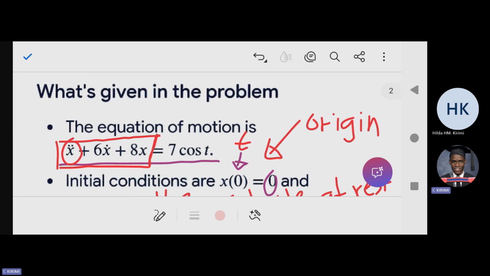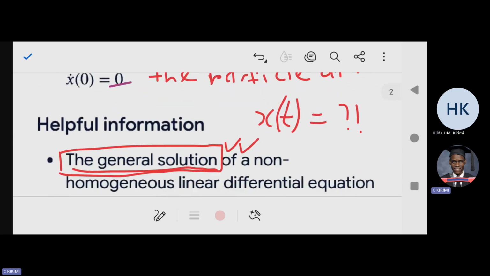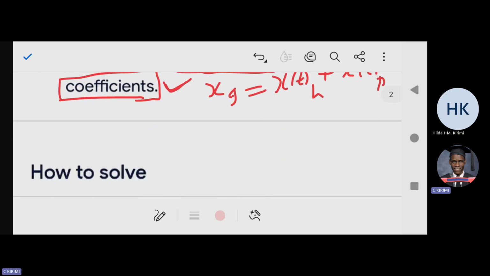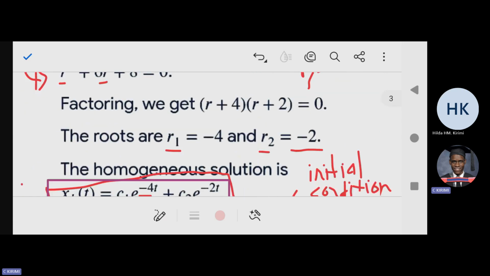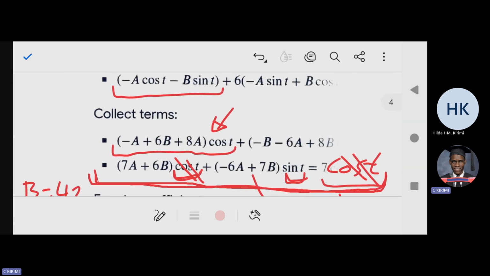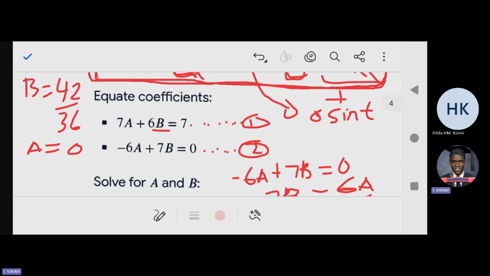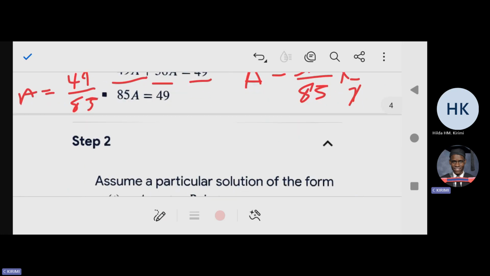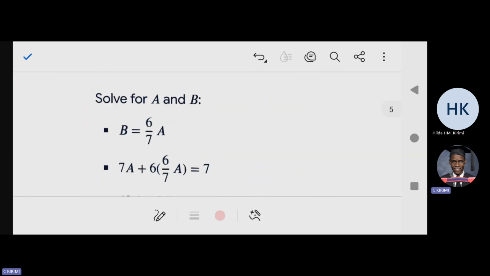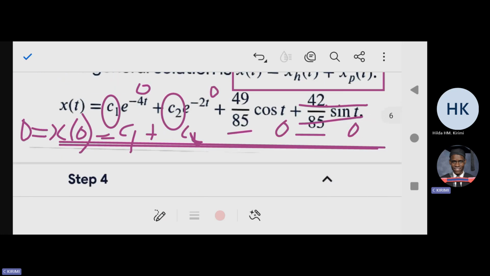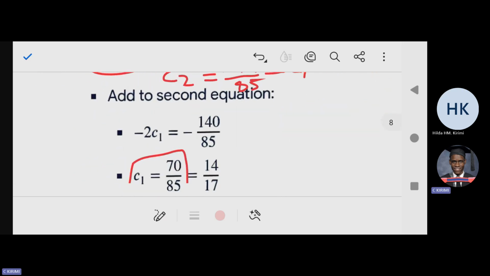You take that general solution, differentiate it again, you are going to get 7 cos t on the right-hand side. That's what it means. So this is the x which they are looking for. What is the x that will give us 7 cos t on the right-hand side? So you come and you tell them that the x which you are looking for is this one.